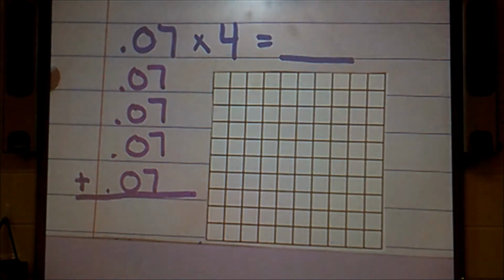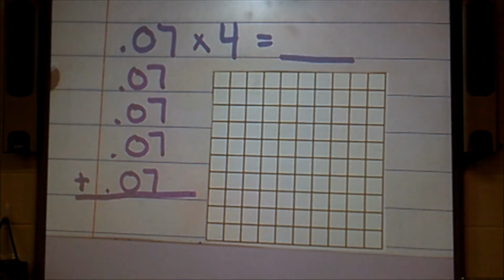So I could add those up and easily get my sum, which will be the same as my product. But I'm going to do this with my hundredths chart here to show a picture representation. And yes, if the directions say draw a picture to solve the problem, you have to draw a picture to solve the problem.